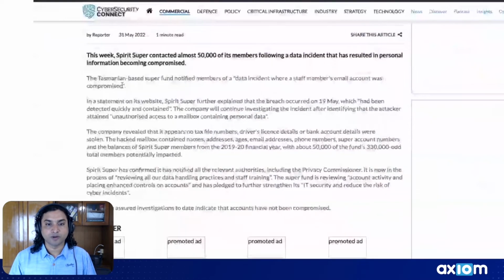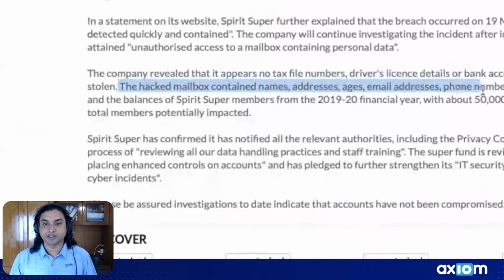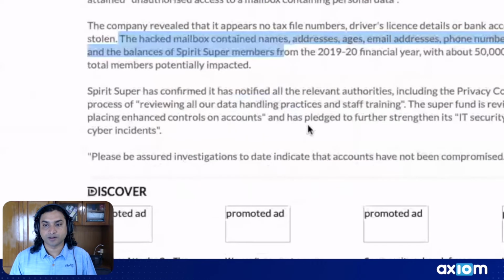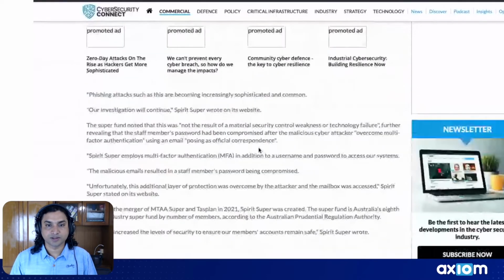Then it's very obvious that the mailbox would have names, addresses, ages, email addresses, phone numbers, etc. But Spirit Super has confirmed that other important private details, which are not generally associated with data that is stored in the servers, were not compromised. So it's interesting to see big organizations like Spirit Super still getting attacked by phishing attacks.